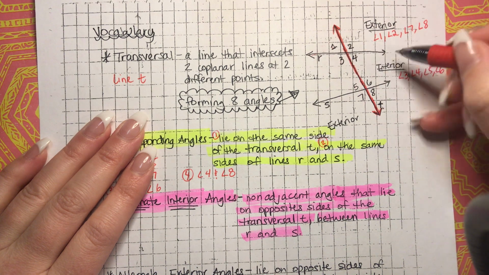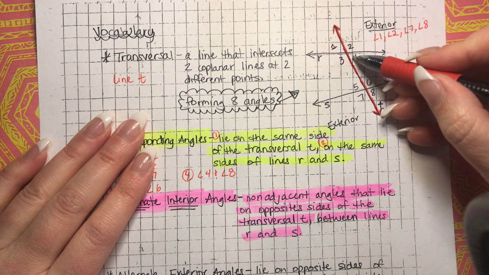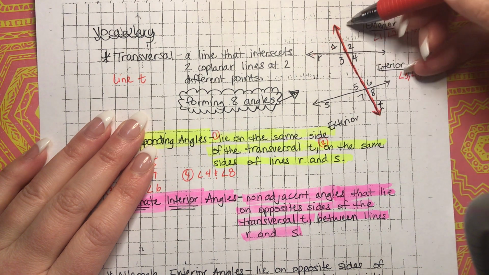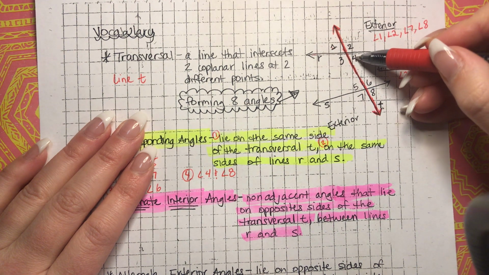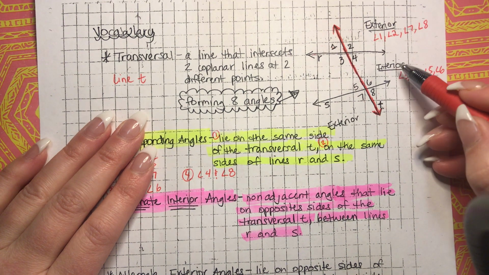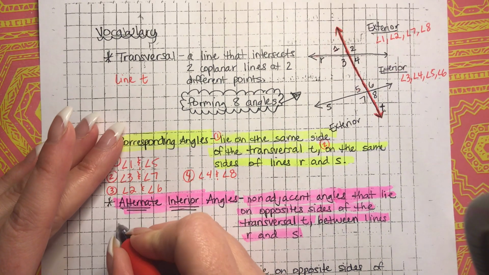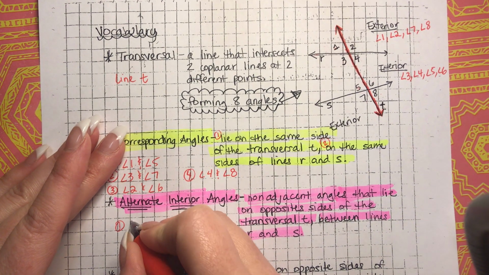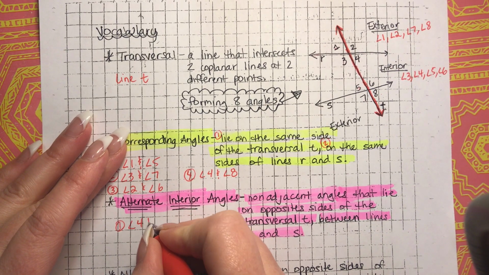So that means that 4 and 5 are on opposite sides and they're not adjacent, right? This is on the right side of the transversal, this is on the left side of the transversal. So angle 4 and 5 are alternate interior angles. That would be one example, angle 4 and 5.